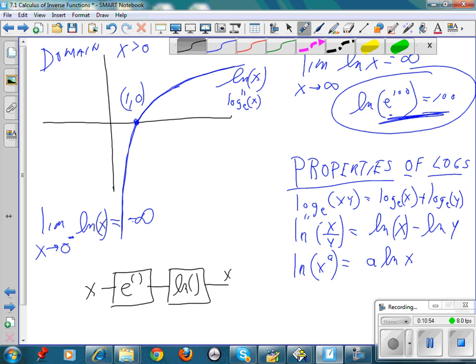I put in 100, I got out e to the 100th power. I put e to the 100th power through that, and I got 100 back. These are inverse functions of each other. We will very quickly know how to take derivatives and how to integrate these functions. Okay, I think that's it for the setup.